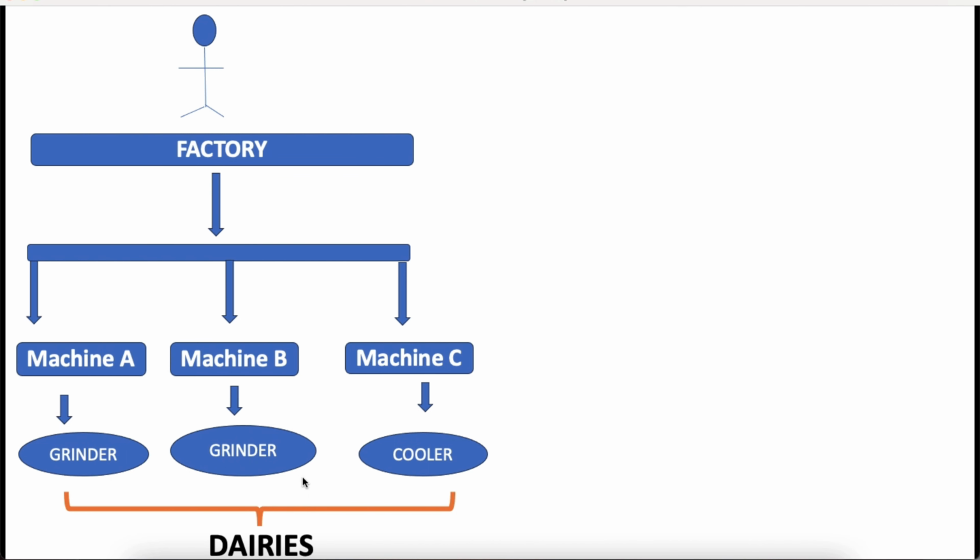Okay, so machine A is a grinder and machine B is a grinder. So he has 2 grinders and 1 cooler. The cooler is also a machine that is a part of the production. So in total, he has 3 machines because he has 2 grinders and 1 cooler. And all of these machines are responsible for his production. So we are going to explain.